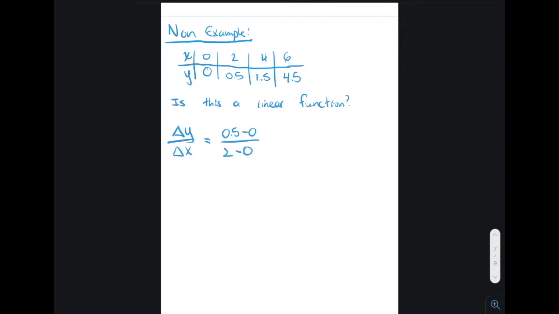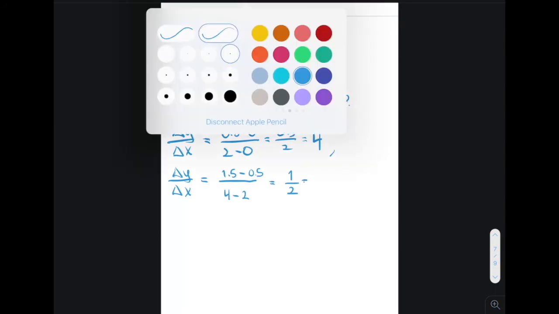0.5 minus 0 over 2 minus 0 gives us 0.5 over 2, which reduces to 1/4. Let's use another 2 points to calculate the rate of change between those 2 points. 1.5 minus 0.5 over 4 minus 2 gives us 1/2. Sure enough, 1/2 does not equal 1/4, meaning we do not have a constant rate of change.